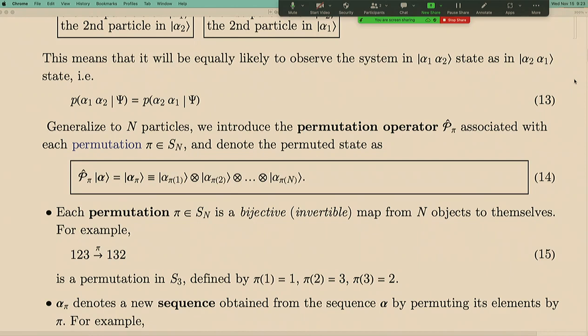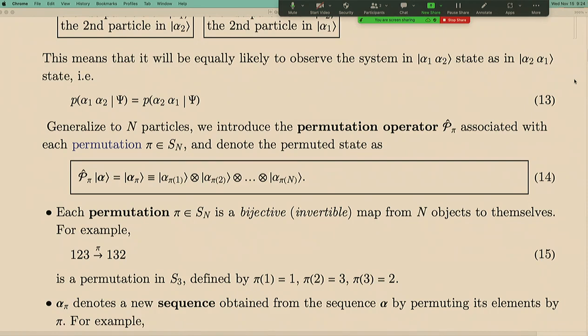This operator should be considered as a huge matrix. It is a d to the power n times d to the power n matrix, a very large matrix in the many-body Hilbert space.